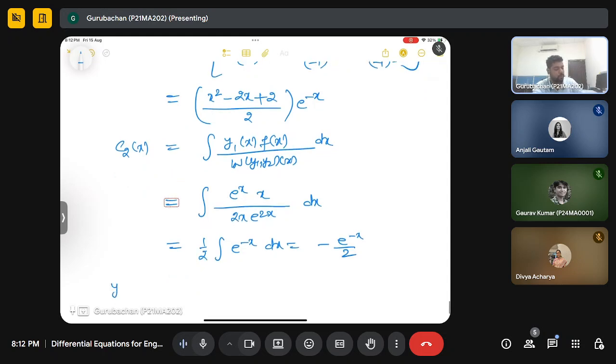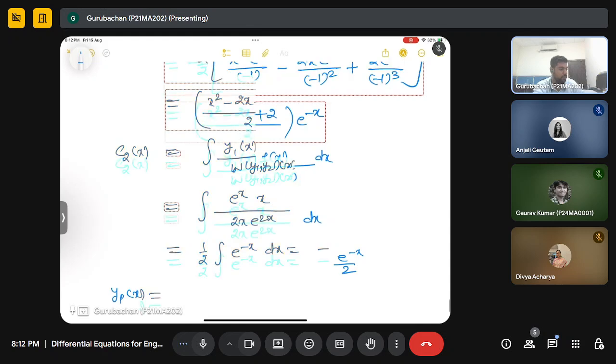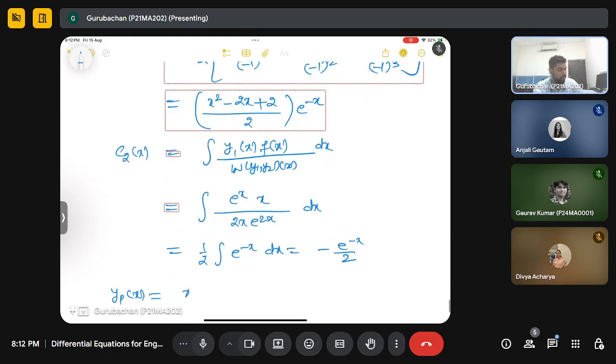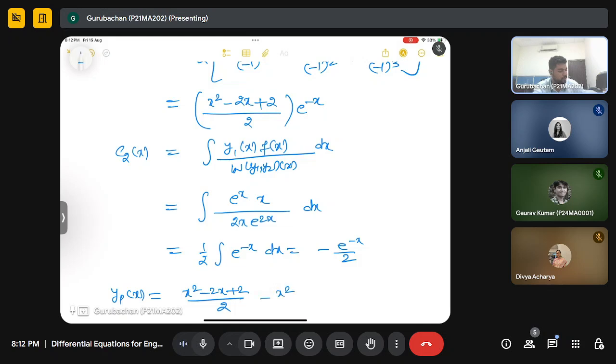So what will be your particular solution? The particular solution is C1(x) times y1(x), that is this x square minus 2x plus 2 divided by 2, e to the power minus x times e to the power x, so e to the power x and minus x will cancel out. For the second part, you will multiply x square e to the power x with this factor. So this will give you minus x square by 2.